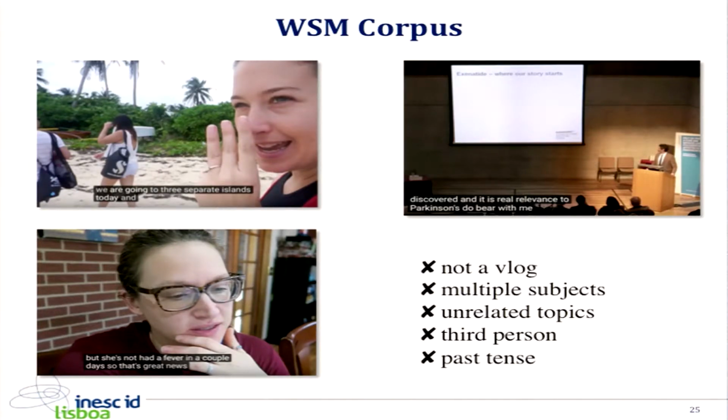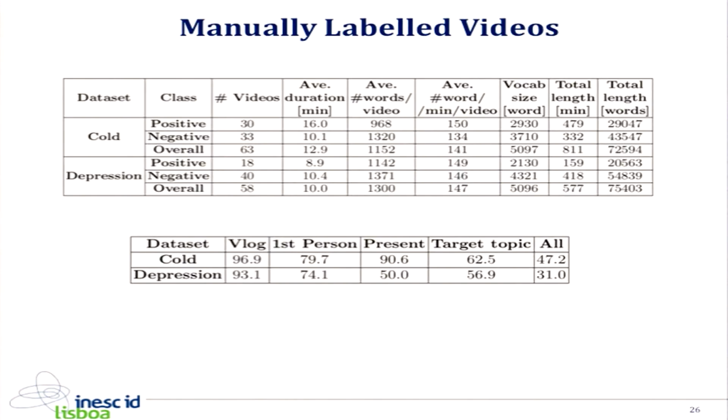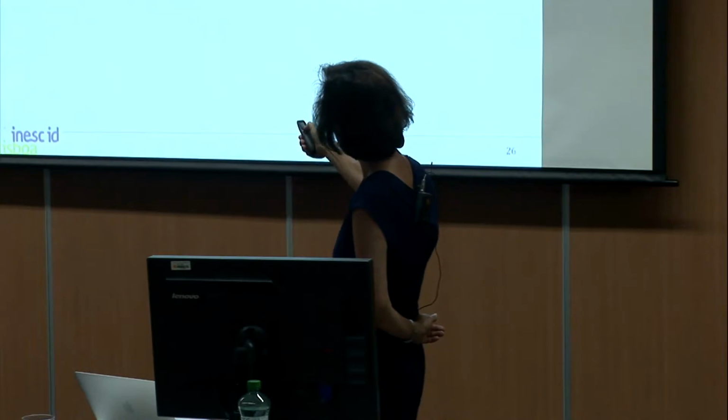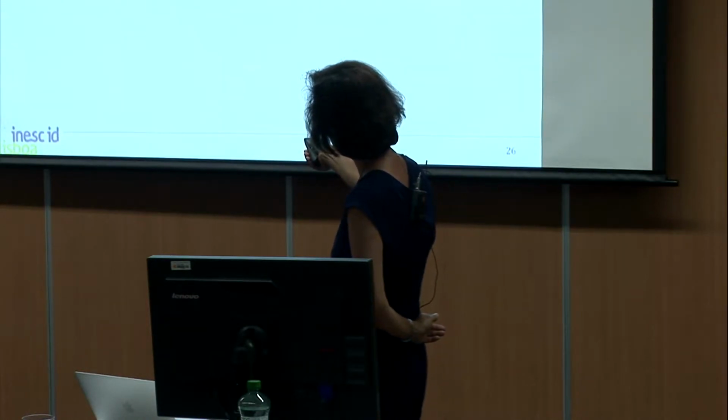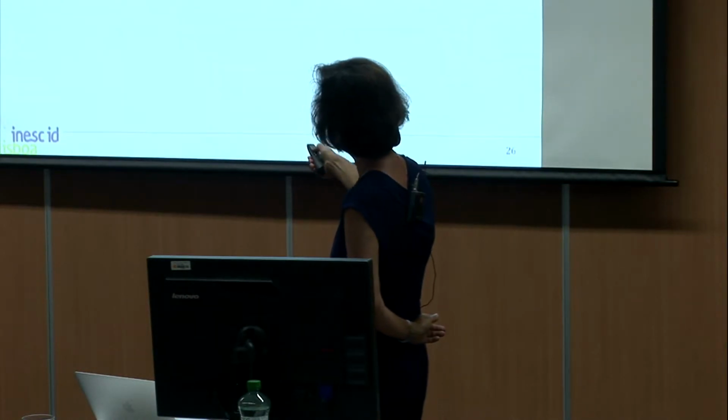So when we tried to do the statistics of our manually labeled videos, you can see here numbers in terms of positive and negative class. For cold, it was quite balanced. For depression, as you can see, I've got much less depressed people than non-depressed.